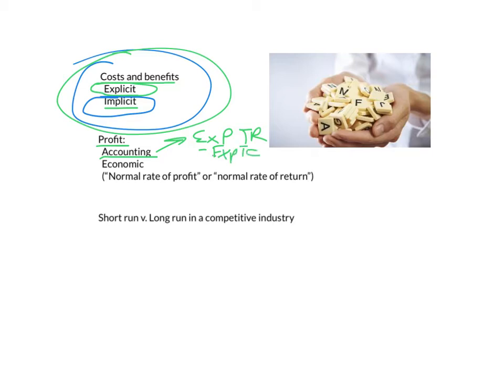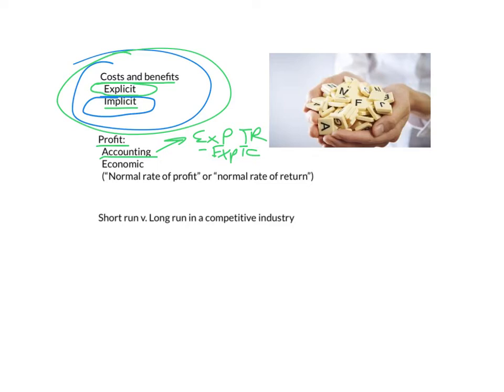And labeling it accounting profit is somewhat silly, because accountants, obviously, if you're studying managerial accounting, you'll be thinking about both implicit and explicit costs and benefits. But most of what, say, the books you keep for the government would keep information on explicit revenues and explicit costs, and you wouldn't report an implicit benefit to pay tax on it. You just don't. You only count the flow of money.